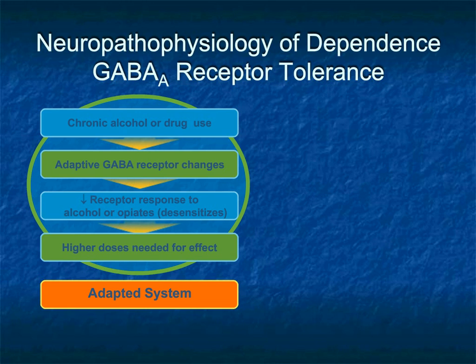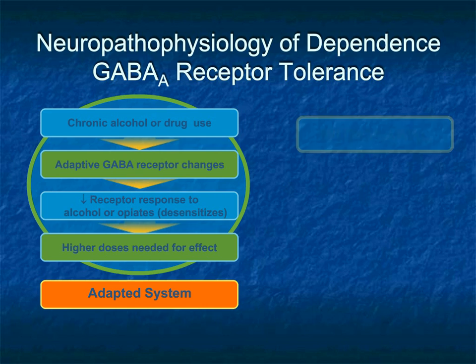The normal GABA, gamma-aminobutyric acid, is the neurotransmitter in the brain that works kind of like Valium. Valium and benzodiazepines work right on this GABA A receptor, and that is why they are so effective in relaxing us. But after a while, it changes, and it doesn't go back to normal.